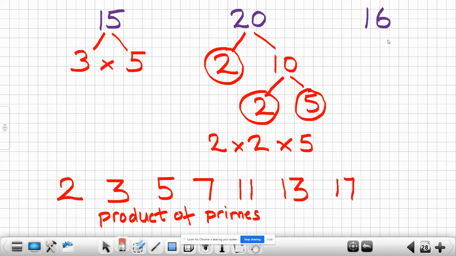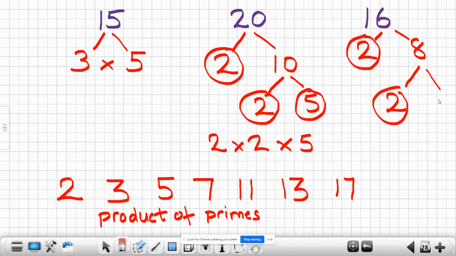Okay, let's have a look at 16. Well, we could do it in various ways, but let's say we went for 2 times 8. 2 is prime. 8 is not, so we need to break that up into 2 times 4. I've circled 2 because I know that's prime, but 4 isn't, so I've got to keep going.